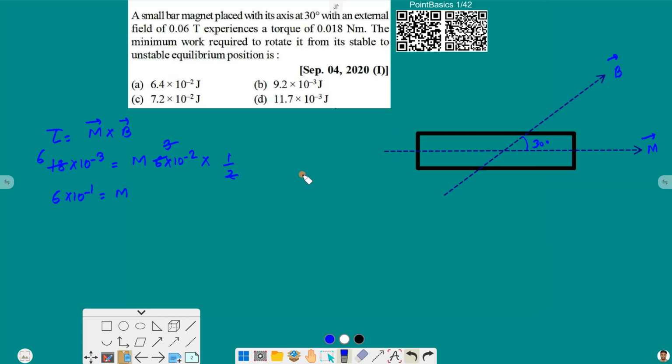Now we have to find out the minimum amount of work required to rotate it from the stable to the unstable equilibrium.